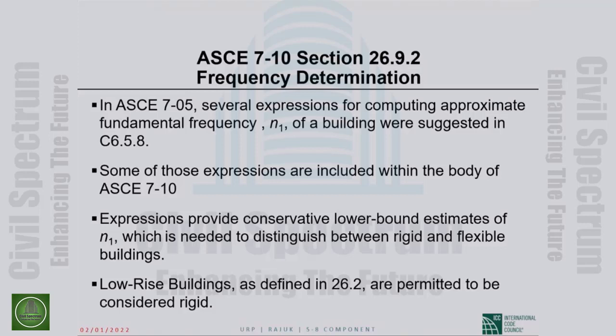And then in ASCE 7-10, some of those expressions moved into the main body of the code. So this is the only time I have invoked ASCE 7-10. ASCE 7-05 is the basis of BNBC 2020, but ASCE 7-05 does not have expressions by which you can calculate frequency.